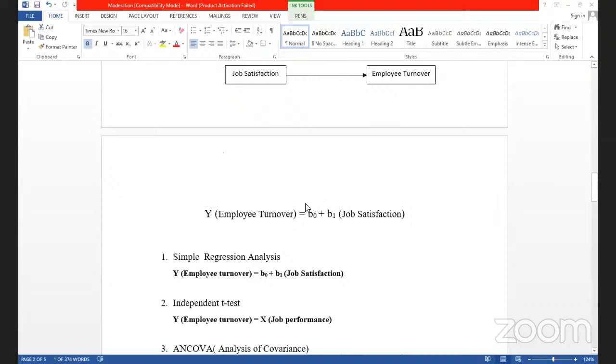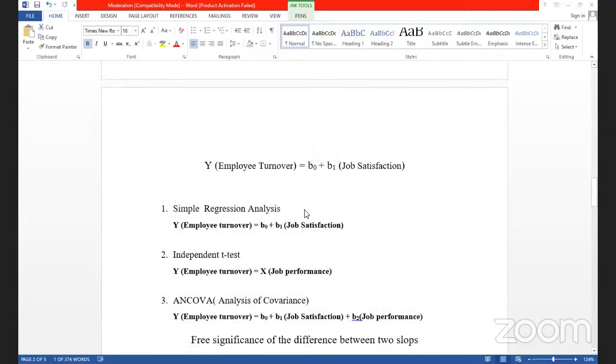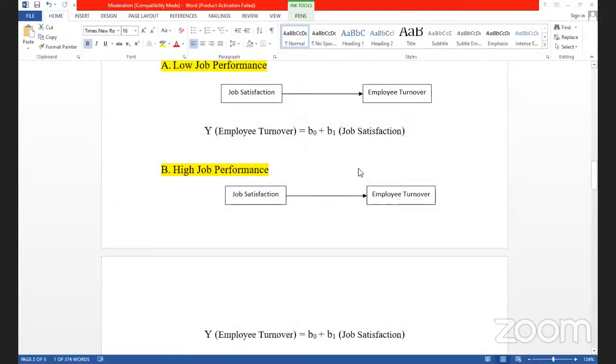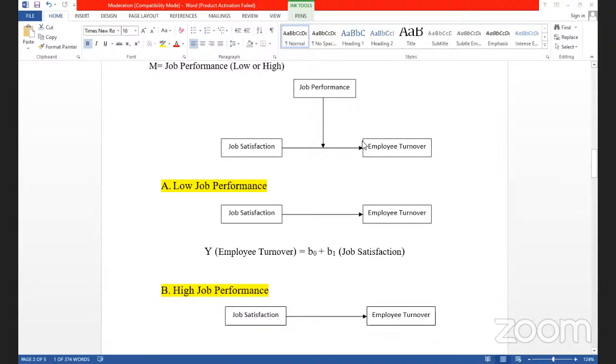First, we will check the simple relationship between employee turnover and job satisfaction, and here we are not including the job performance. We want to know the nature of our data.